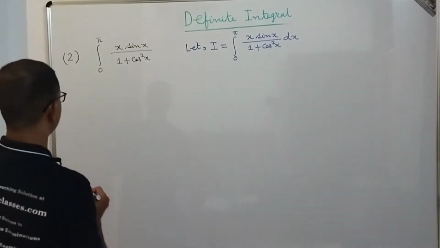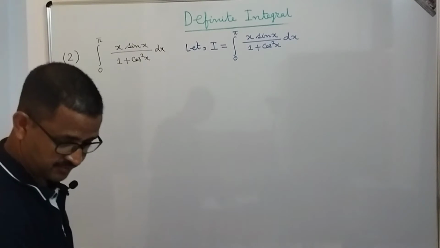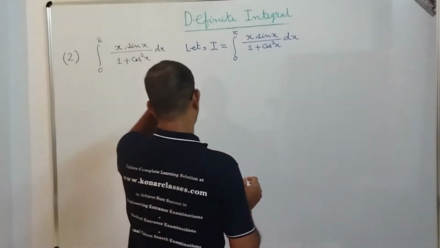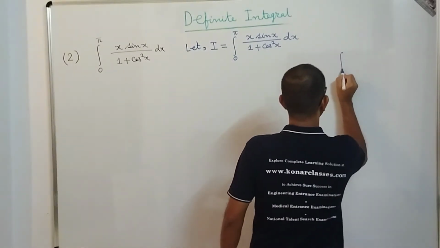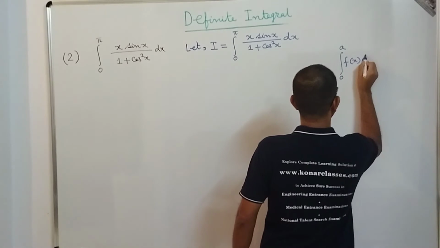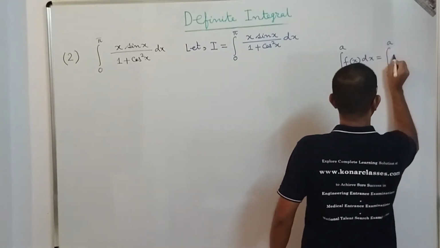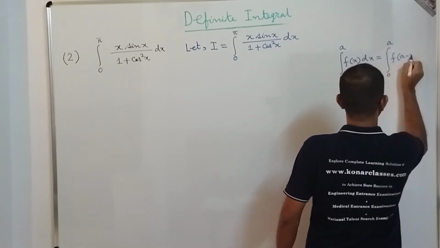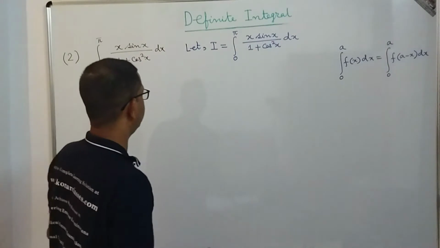I forgot to write one dx here. Now we learned one property: the integration from 0 to a of f(x) dx is equal to the integration from 0 to a of f of a minus x dx. This is one property we have learned earlier.